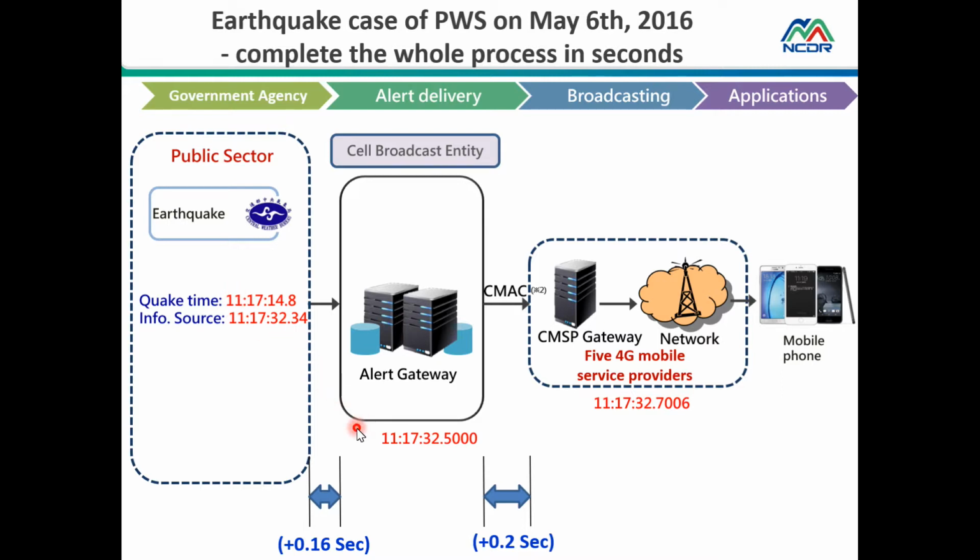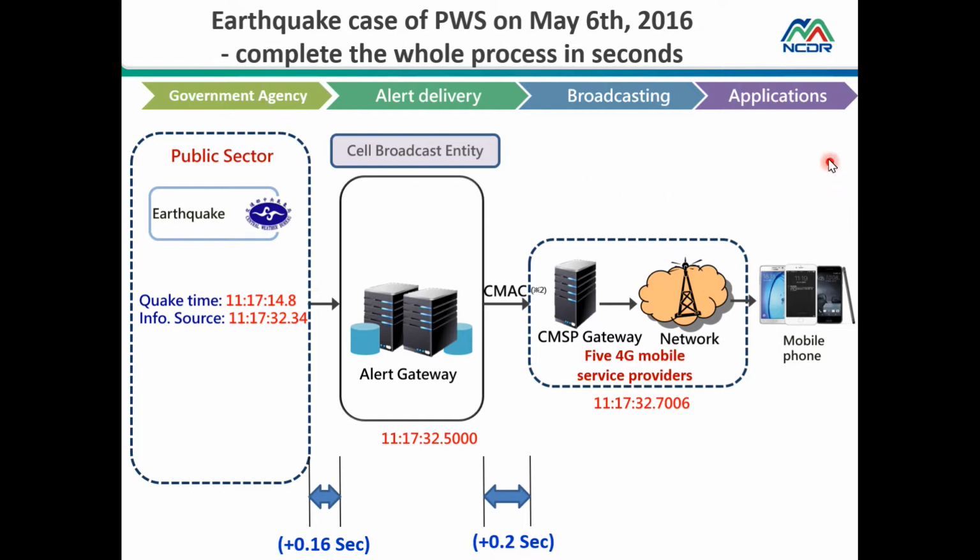You see how much time it took to send information to the end user. The Central Weather Bureau has to monitor the earthquake, receive the signal, estimate magnitude and intensity, then send the signal to my office, a cell broadcast entity. It might take just 0.16 seconds, and another additional 0.2 seconds to reach the mobile phone system, then relay stations send it to the network and to the end user.